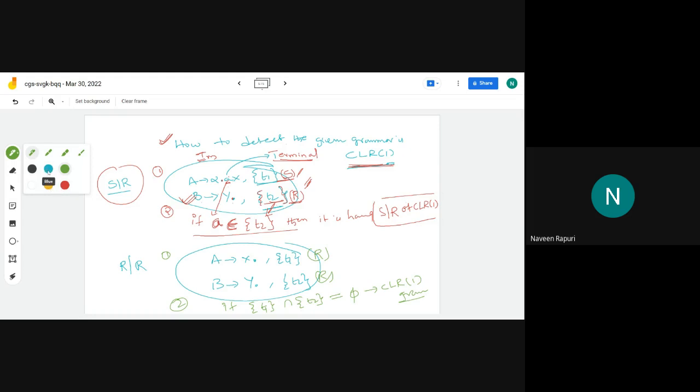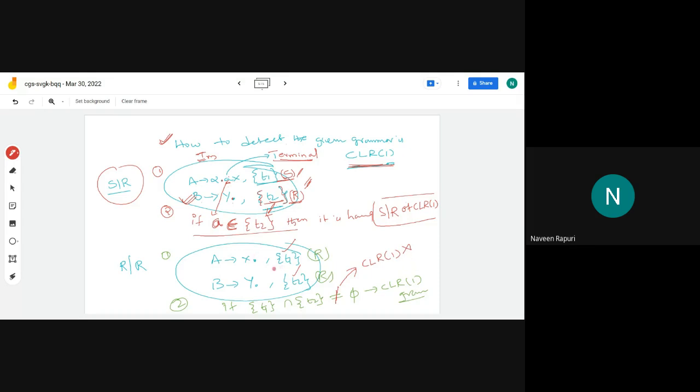If that is not equal to pi, that means common symbols exist in this one and this one. So that is not a CLR1 grammar.